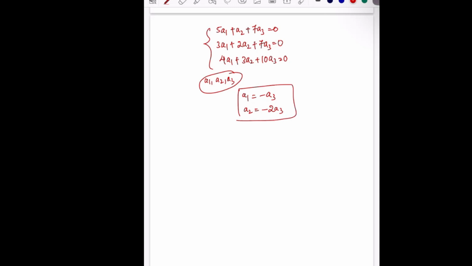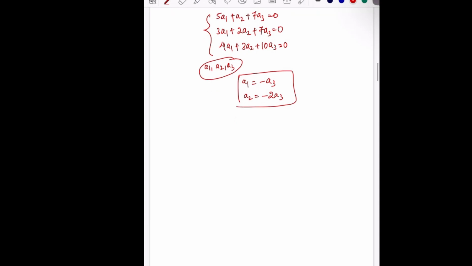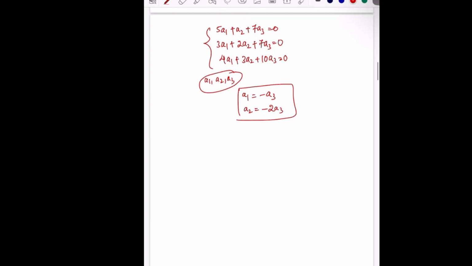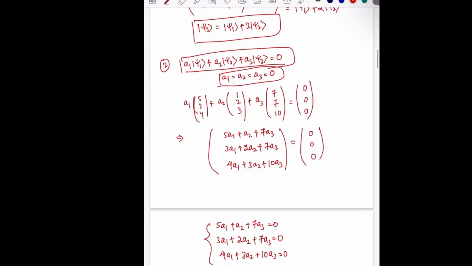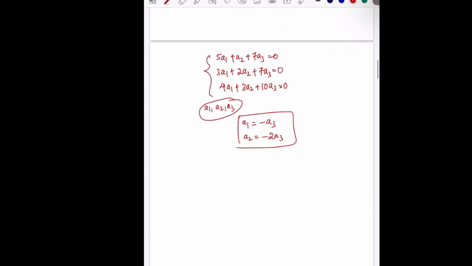This means if I take some non-zero values of a1, a2, a3 other than 0, then also this condition will be satisfied. Like if I take a3 equal to 1, a1 must be equal to minus a3, so it will be minus 1, and a2 will be minus 2a3, so minus 2.